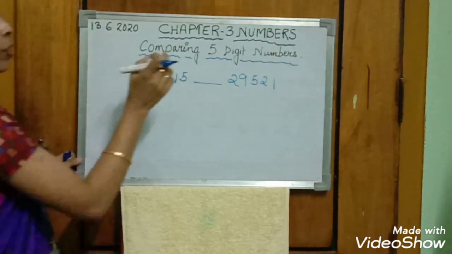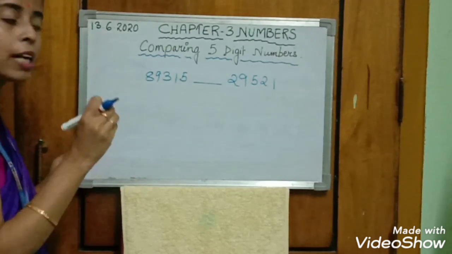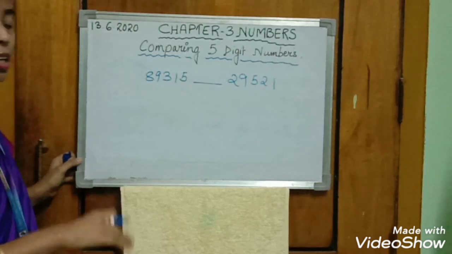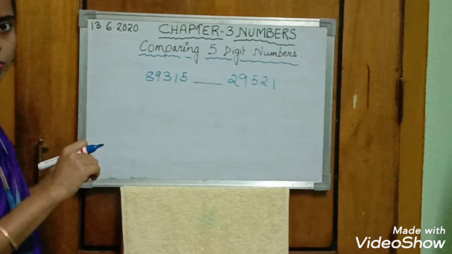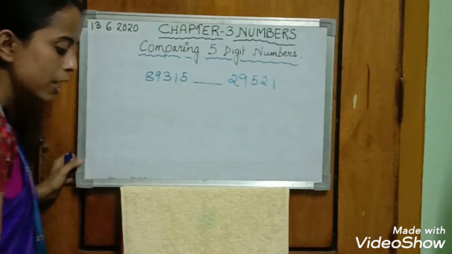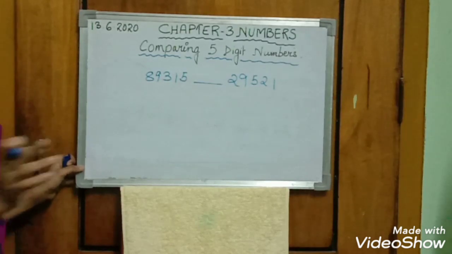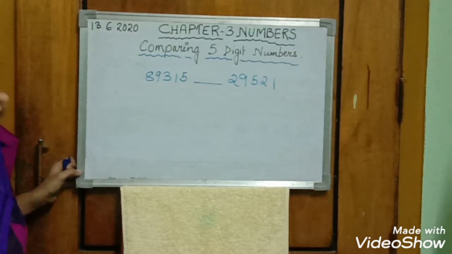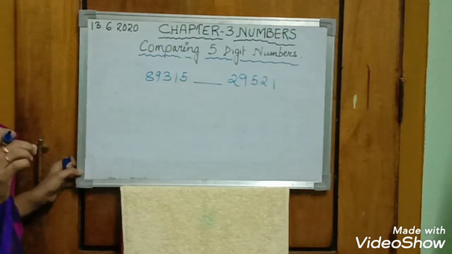Children, to compare 5-digit numbers, place value will help us to compare the numbers easily. There are certain steps to compare the numbers. As you know, a lesser number of digits means it is a smaller number, and we always start comparing numbers by seeing their place value.